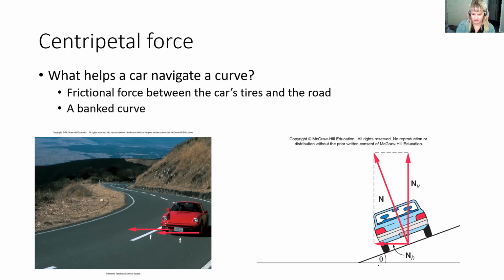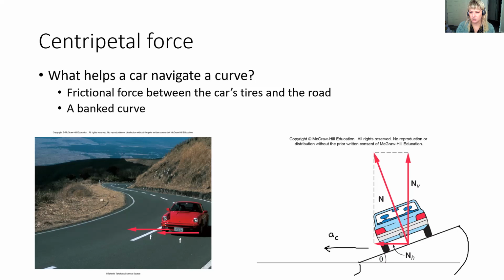So if I'm moving around the bend, and this is my road right here, my centripetal acceleration has to point towards the center and navigate this bend. The normal force horizontally can provide an additional centripetal force pointing towards the center of the circle, causing the centripetal acceleration to occur.